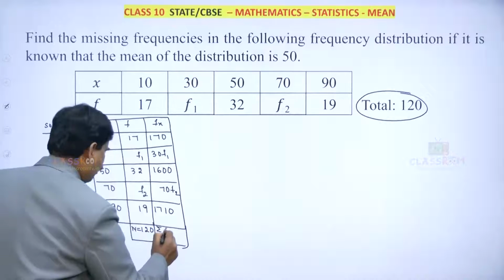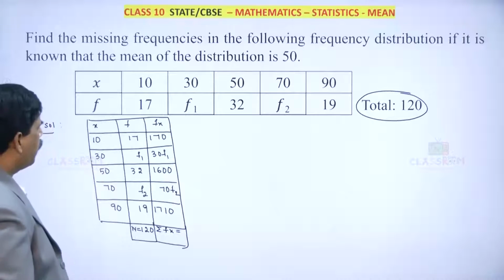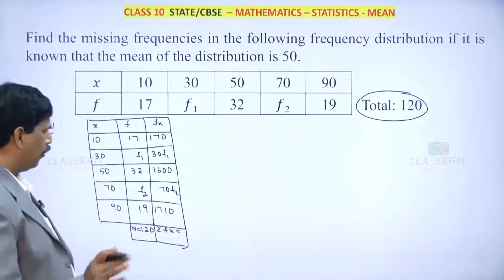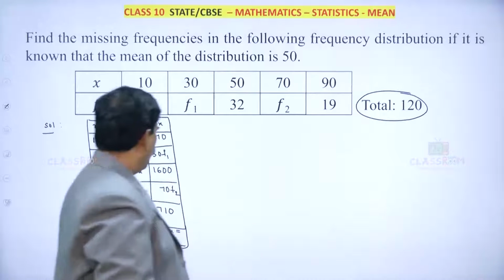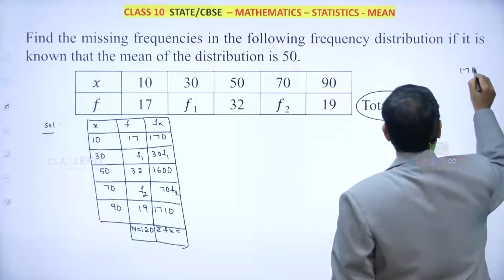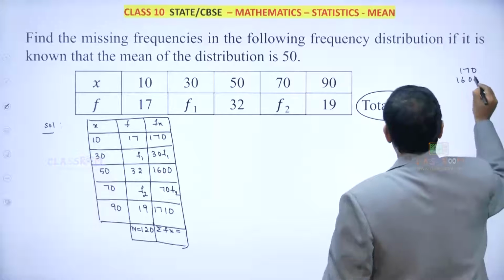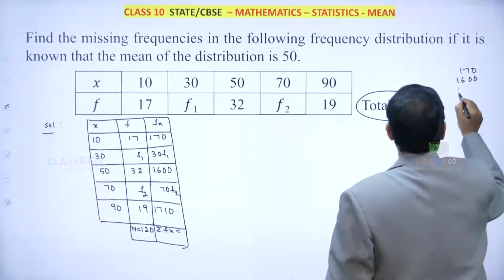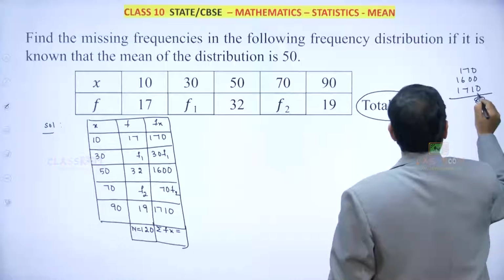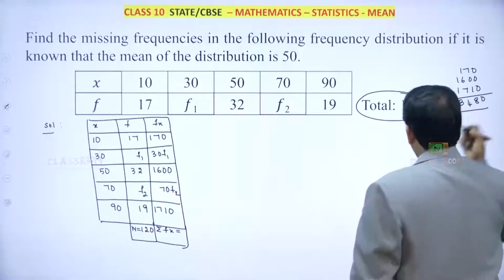This is sigma fx. Let us see how much this is. Leave those two, children, 30 f1 and 70 f2, you leave it. So what else do you have? You have 170, 1600, 1710. You add now. 0, 7 plus 1, 8, 7, 7, 14, 1. So 3480.